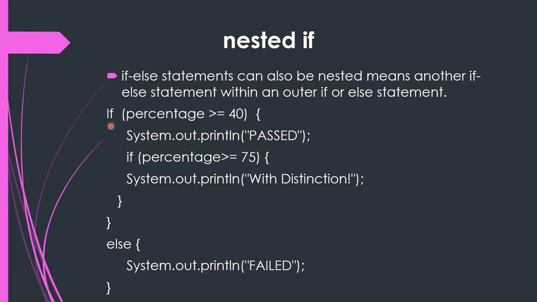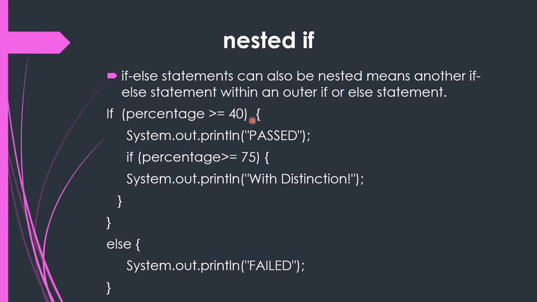So what is the coding here? Let us see. If percentage greater than or equal to 40. So this is the condition, and I already told you, when we are using the if else statement, we only provide the condition once. So for the outer if else statement, we have provided the condition once. We have not used any condition with else.